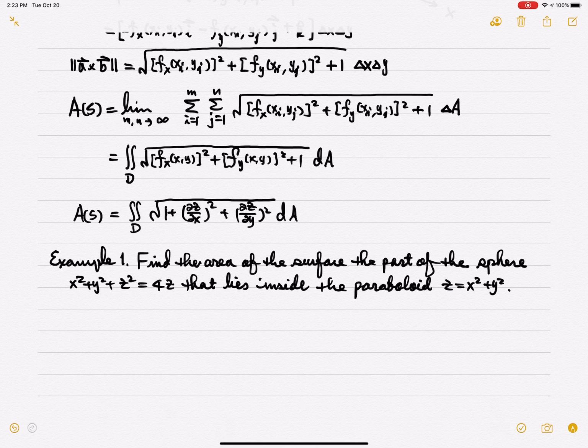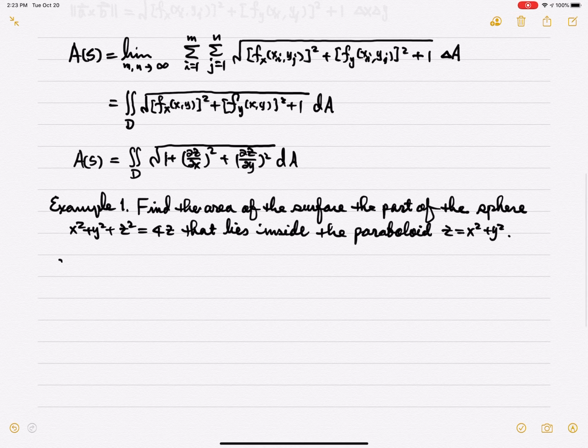We have a sphere. We can write the sphere in the standard form. We have x squared plus y squared plus z squared equal to 4z. Move the 4z to the left-hand side and add 4 to both sides of the equation.